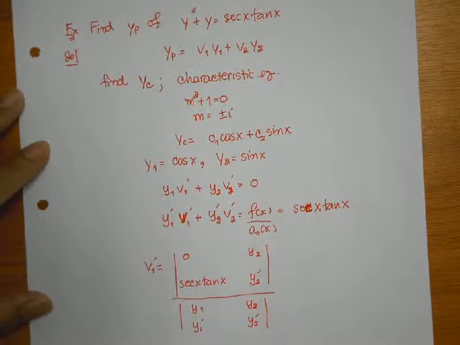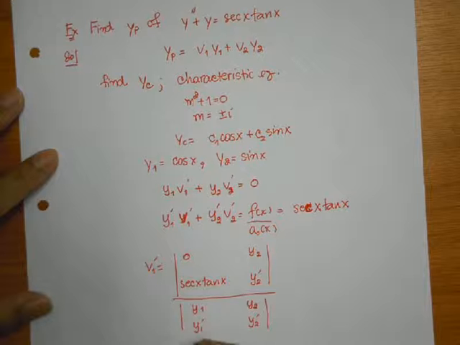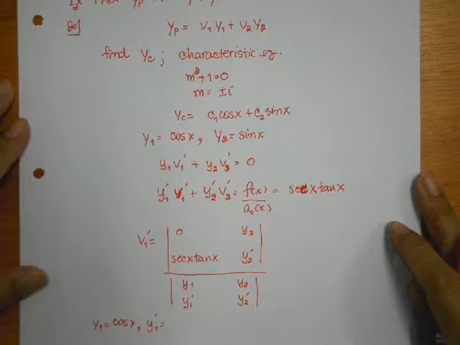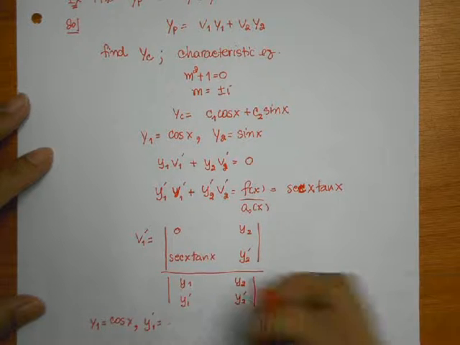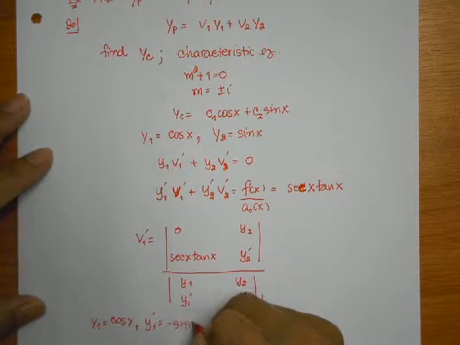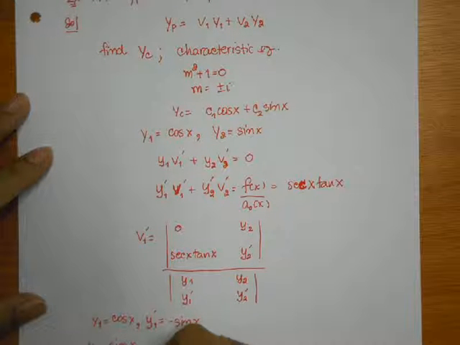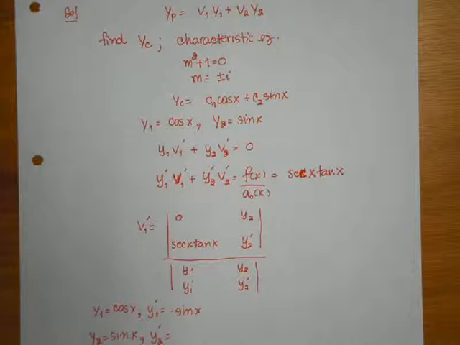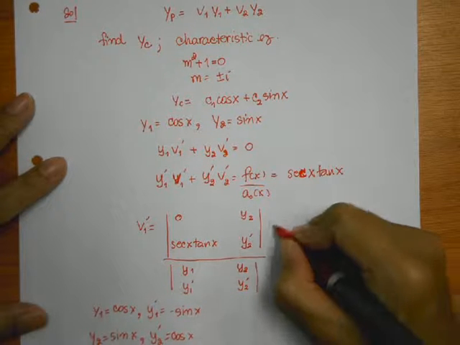Now, we know that y1 is equal to cos x, so the first derivative of y1 is equal to minus sin x. And we know y2 is equal to sin x, so the first derivative of y2 is equal to cos x. Now just plug in there.